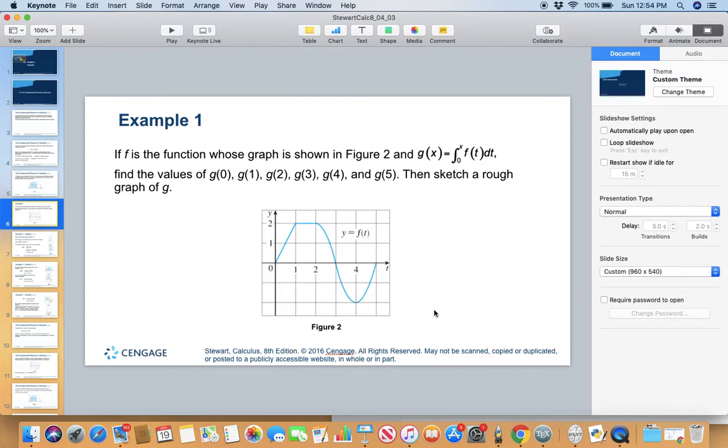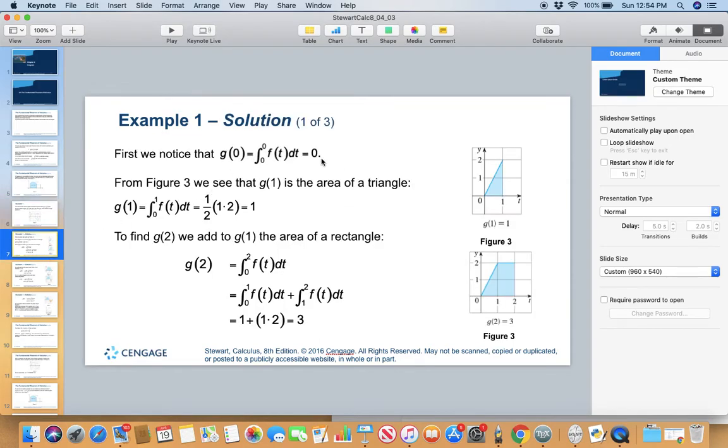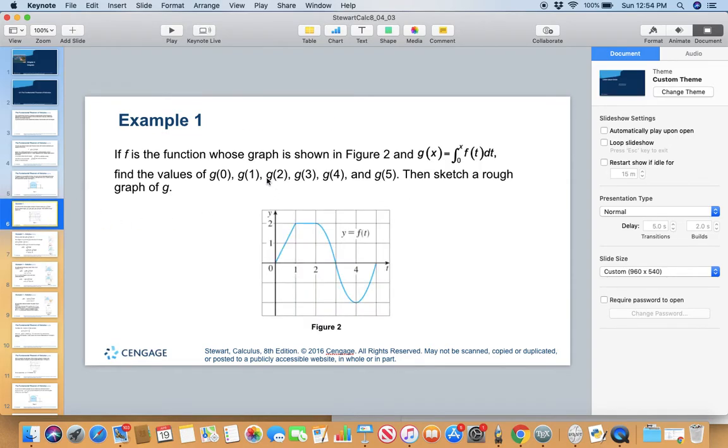All right. Here is a concrete example. Let's look at g(x) equals the integral from 0 to x. Find the value of g(0). All right. So the area from 0 to 0. So no movement. g(0) will be 0. All right. Next. Find g(1). So my x, that is the area, goes from 0 to 1.